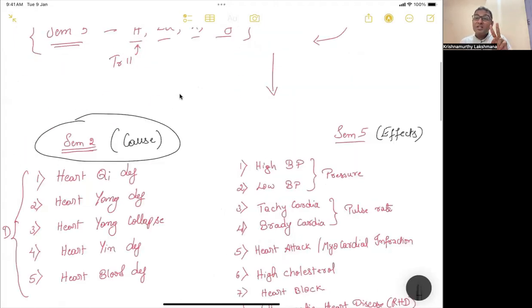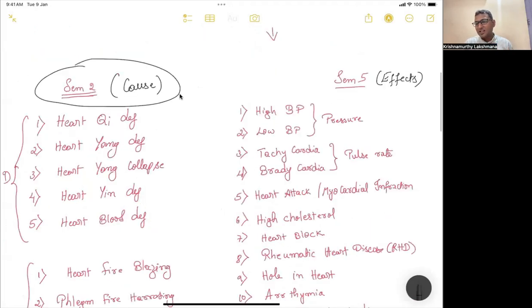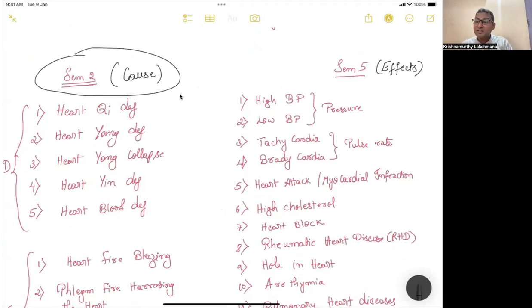But what is semester 5 teaching you? What is semester 5 teaching you? Teaching us the root cause and how to treat them. Maybe. It is teaching us the effects and linking the effect and the cause, various diseases.